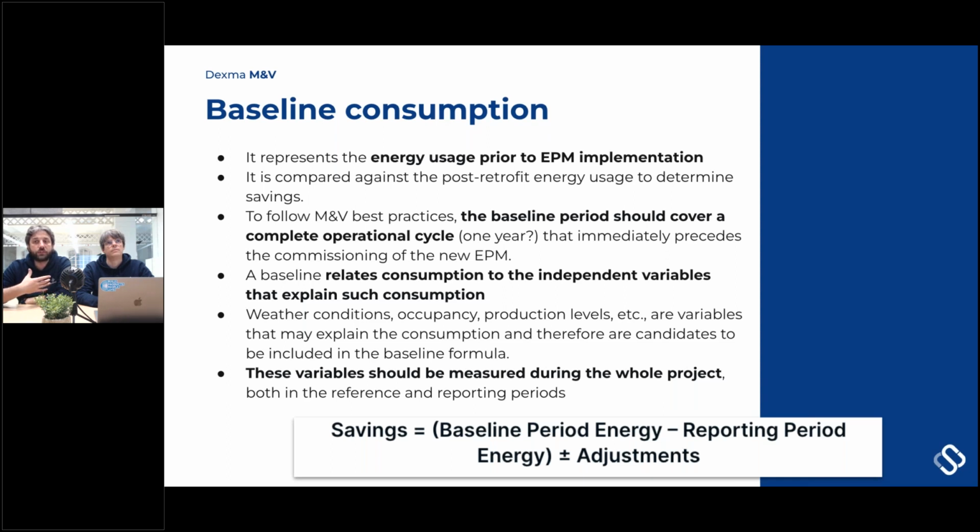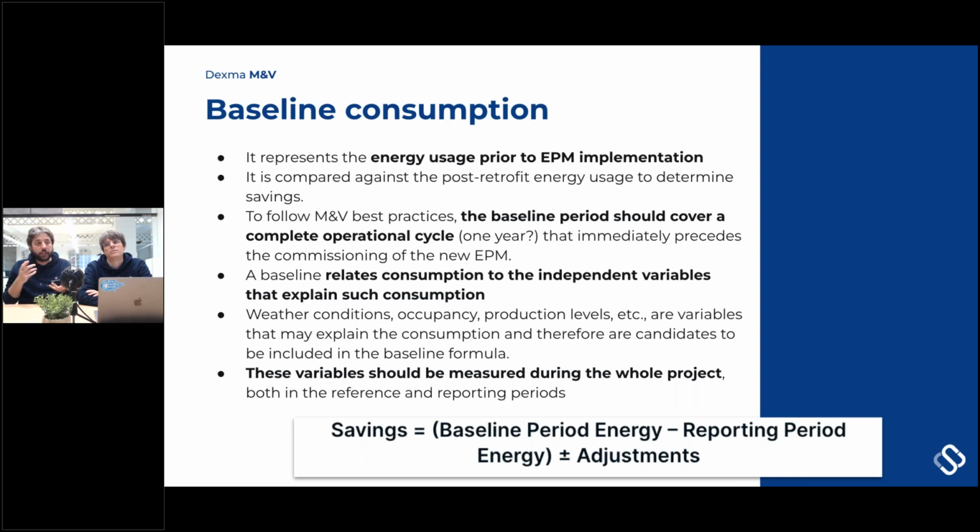A baseline will represent a period of consumption before we install that energy performance measure, and we'll try to relate the consumption we had before with other variables, maybe the weather, maybe the occupancy, and so on, that may explain that consumption. But it's important to cover a whole operational cycle.